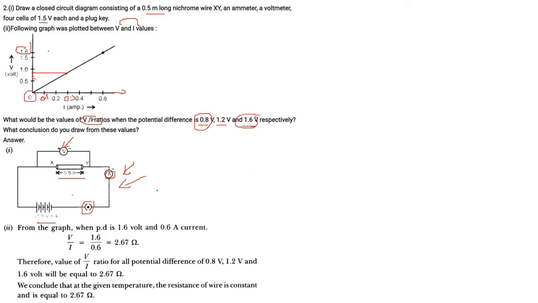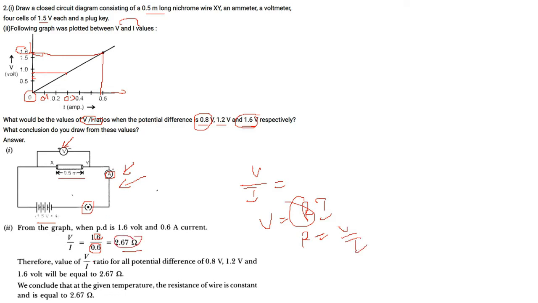When it is 1.6 volt, the current is 0.6. So V by I, that is V is 1.6 and I is 0.6, gives 2.67. We know V equal to IR, R is the resistance. So V by I here is 2.67 ohm.